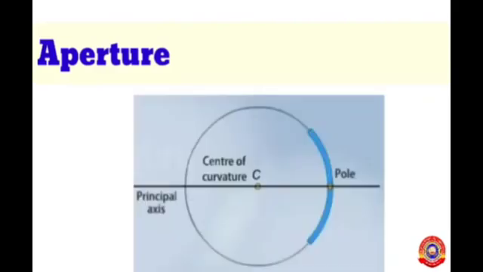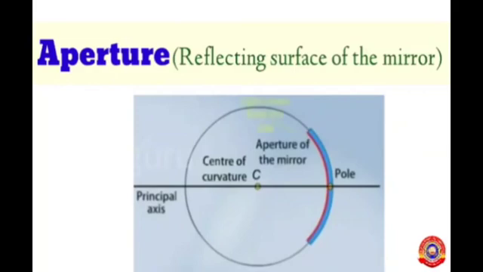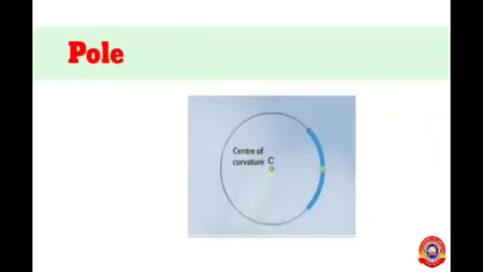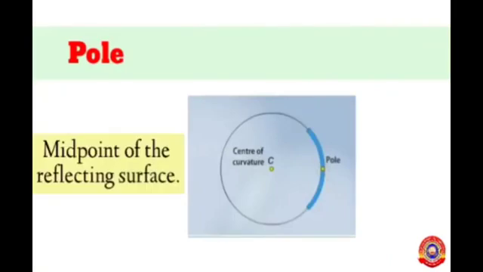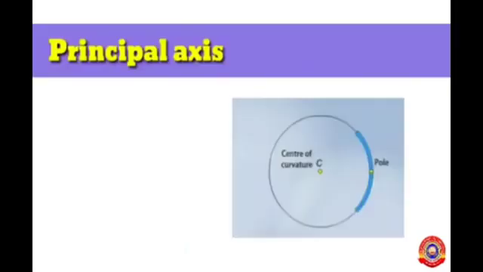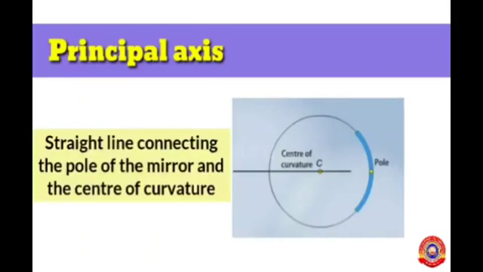Next one, aperture. Aperture of a mirror is the reflecting surface of the mirror. Then, pole. Pole of a mirror is the midpoint of the reflecting surface of the mirror. It is represented as P. And the last one, principal axis. Principal axis of a mirror is the straight line connecting the pole of the mirror and the center of curvature of the mirror.